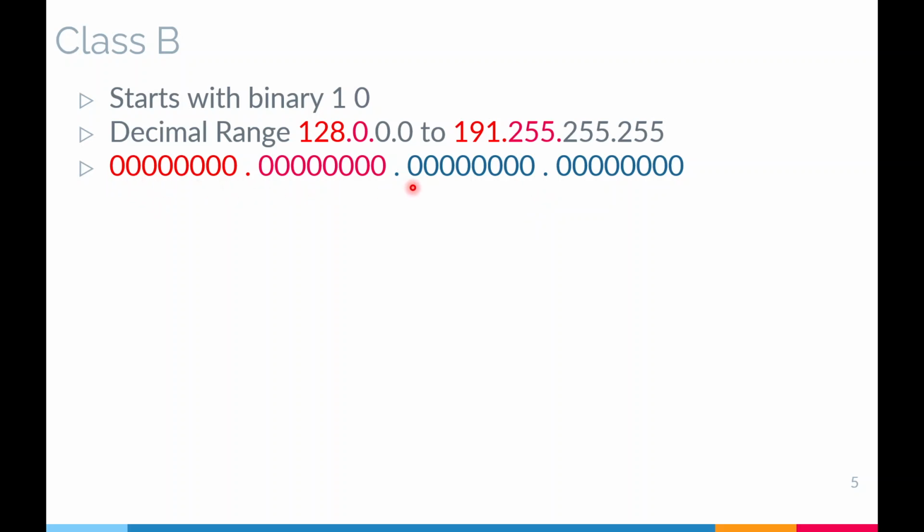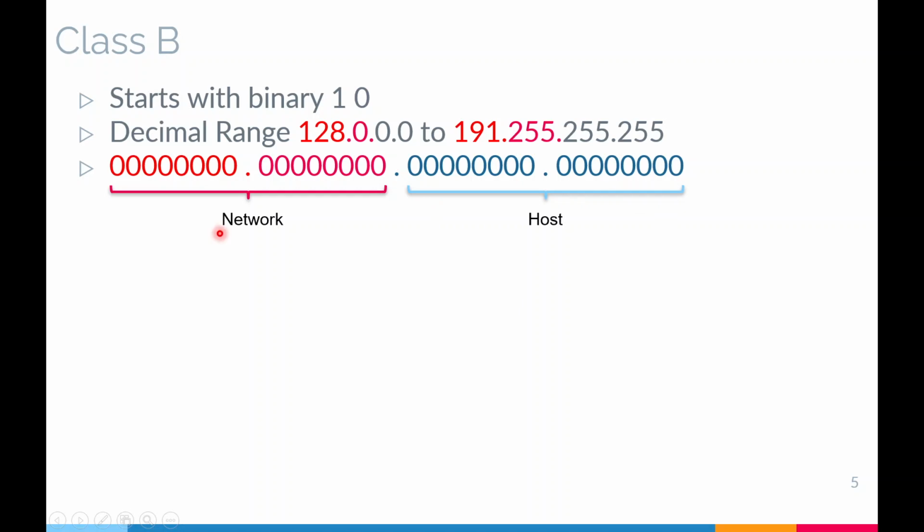The network portion here is the one in red and the host portion is the one in blue. Observe that as opposed to the previous class A address, we now have 16 bits as the network. Previously it was just 8. And the host portion has been reduced as well. Earlier it was 24 bits, now it's 16.